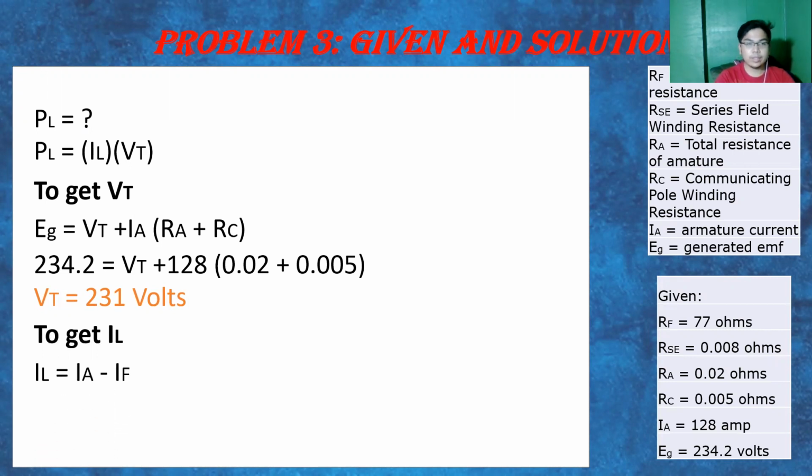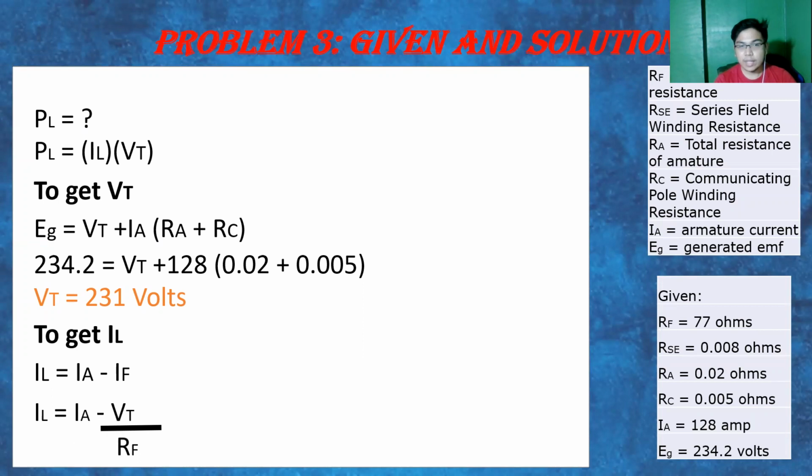To get the load current, IL is equal to I sub A minus I sub F, which is ang I sub A natin is 128 ampere.